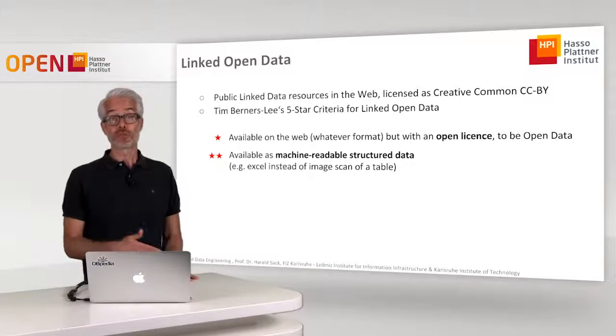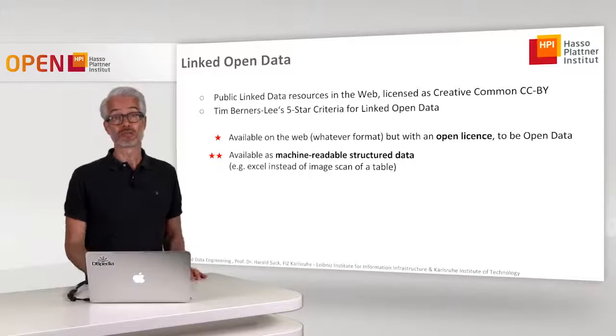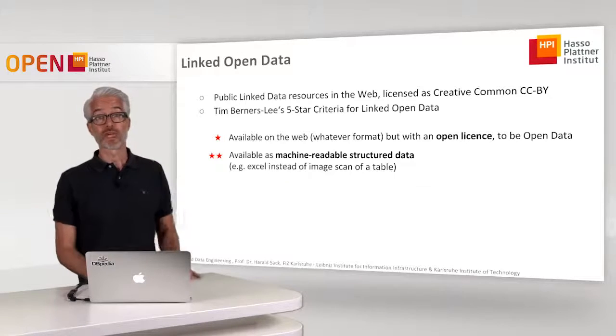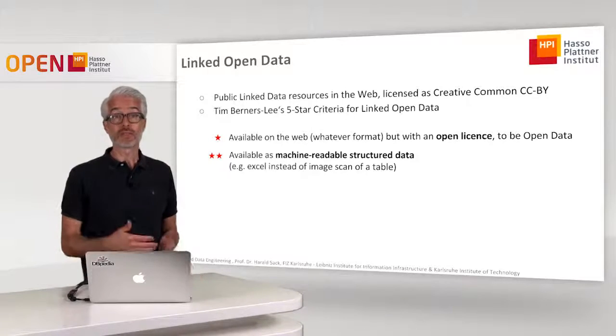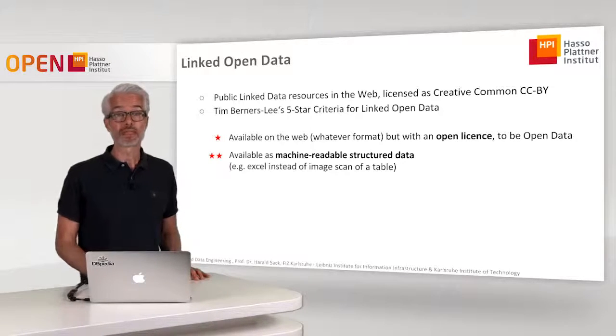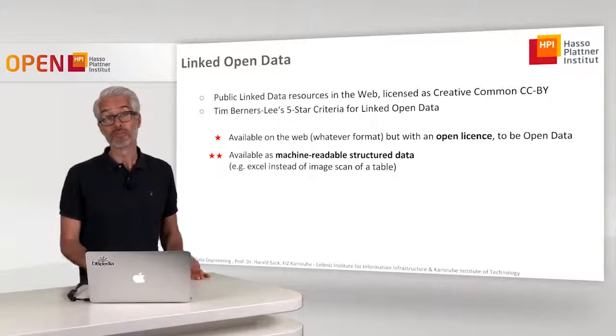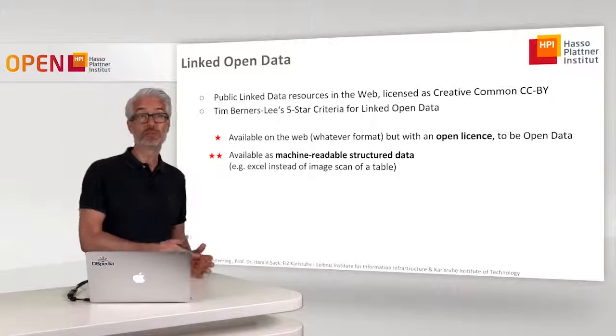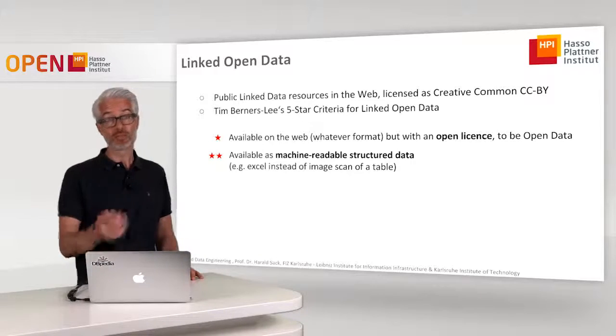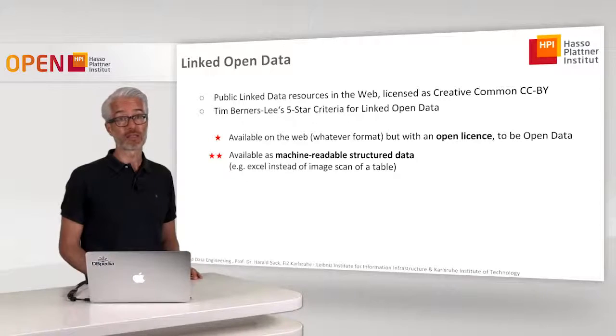So if you follow a specific coding convention, so for example, Microsoft Excel data is already machine-readable structured data, then you have 2 stars. So if you only scan a table and put the picture of this table on the web and make it publicly available, you only have 1 star, because this picture is not necessarily machine-readable.